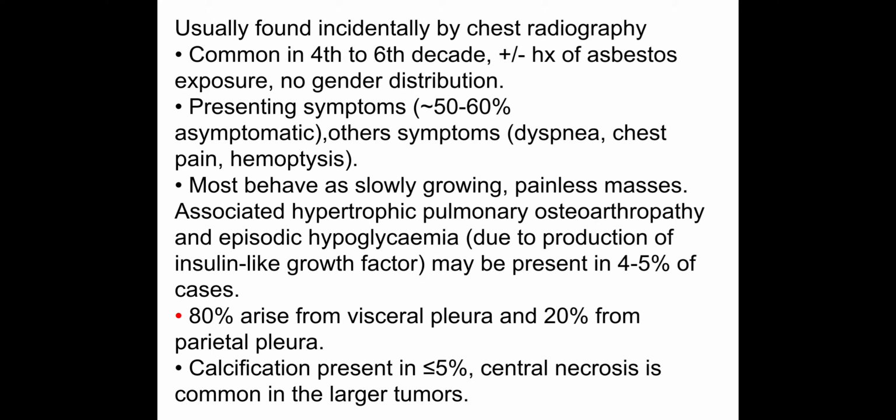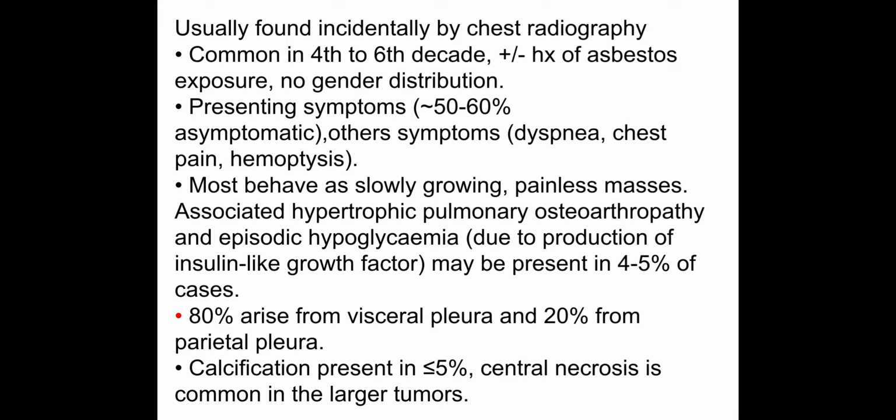Usually found incidentally by chest X-ray, common in the 4th to 6th decade of life, with history of asbestos exposure. Presenting symptoms: 50 to 60% asymptomatic. Other symptoms: dyspnea, chest pain, and hemoptysis.